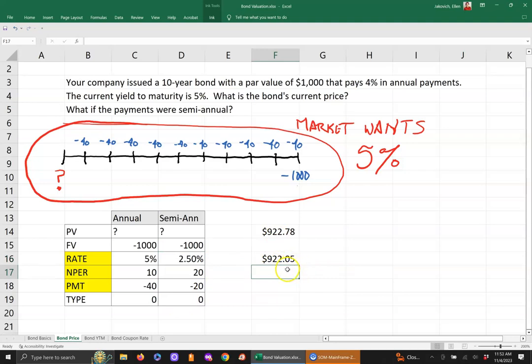So the semi-annual periods actually made the price of the bond change a little bit. Not a whole lot, but enough. So that's how you compute the price of a bond. Good luck computing.